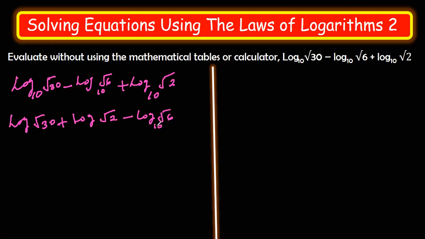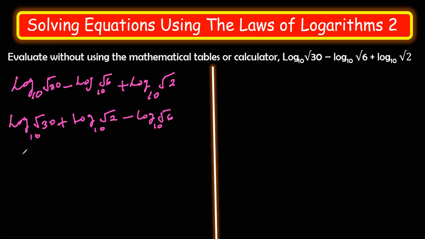So all of them have a common base, which is 10. Then we apply the laws of logarithm. So we are going to have the division law and then the addition law, that is multiplication and division.